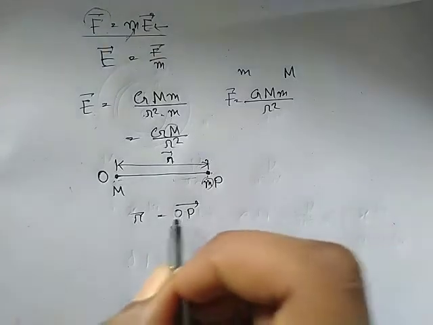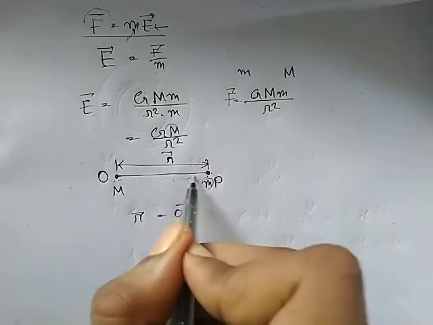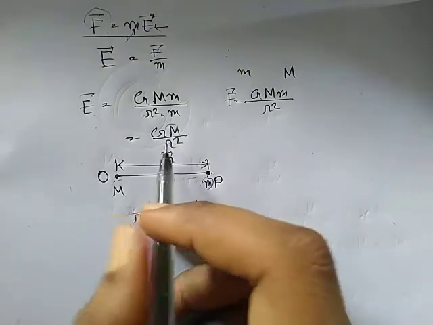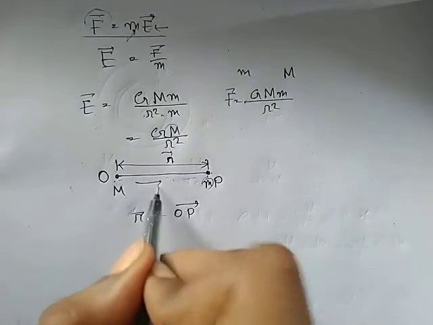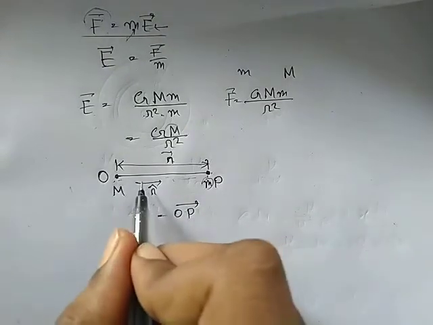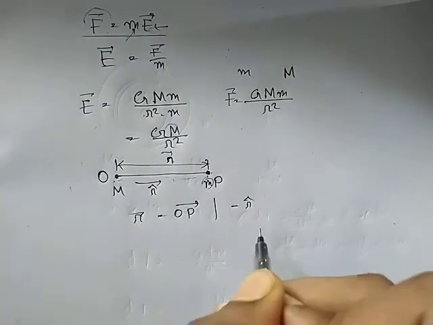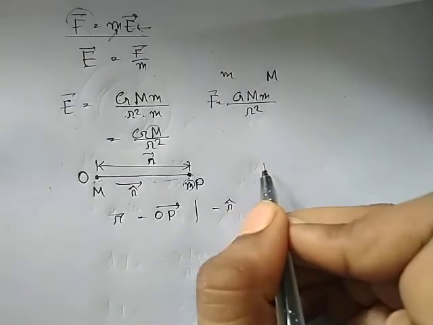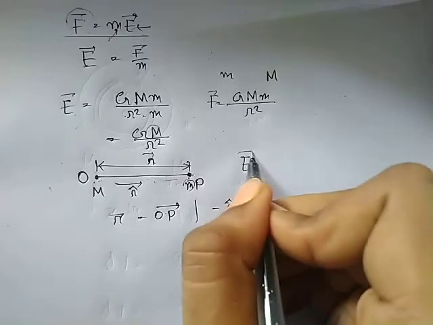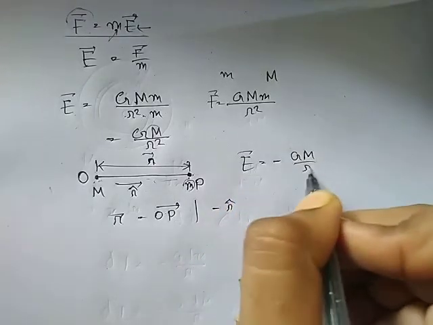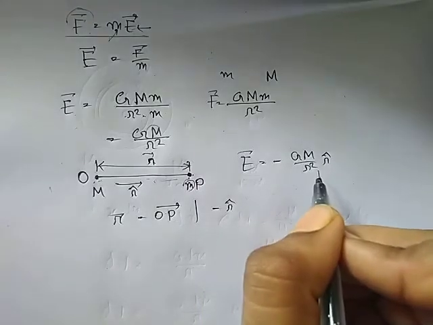So the direction of this field is negative of the direction mentioned here. If we consider the unit vector along this direction as r cap, the direction of this gravitational field will be negative, that is minus r cap. So we can write the gravitational field as E equal to minus GM by r square r cap. This negative sign is for the direction of this field.